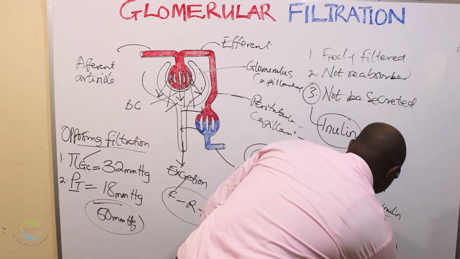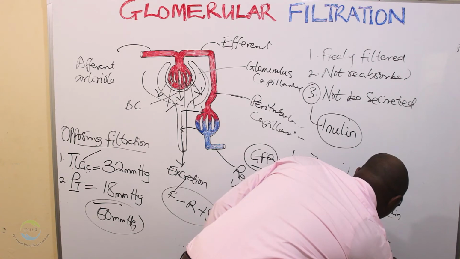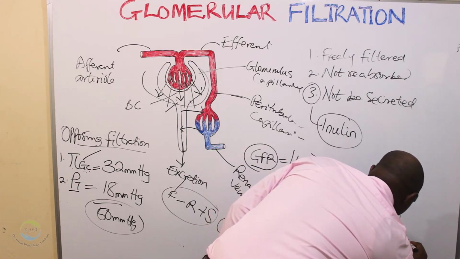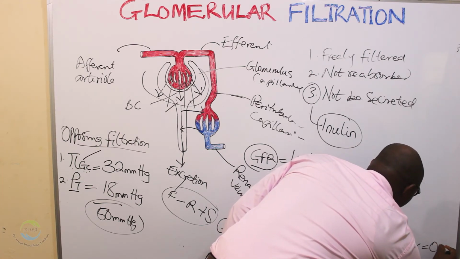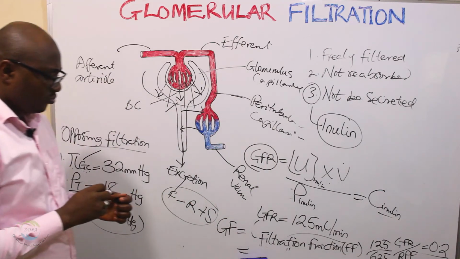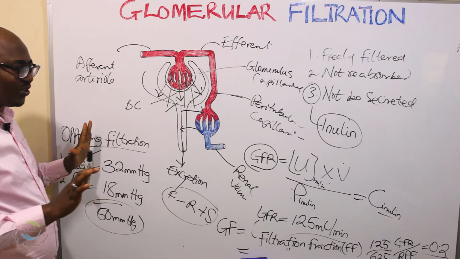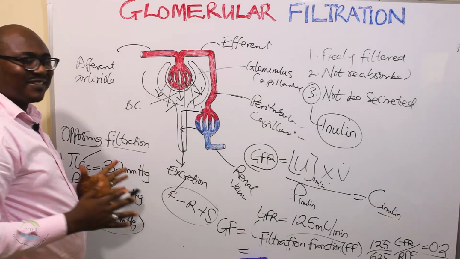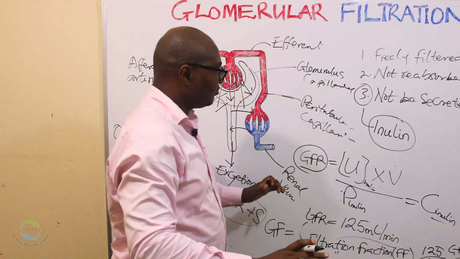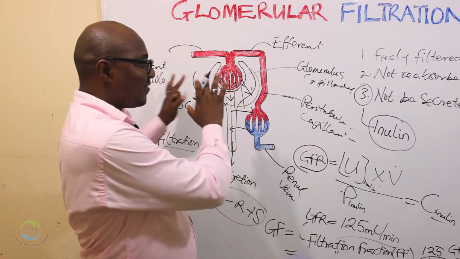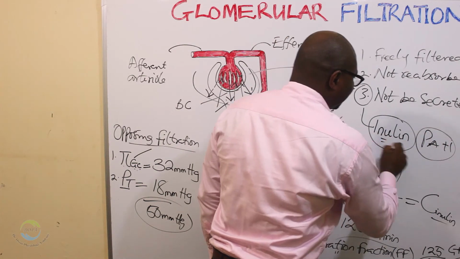It is 125 divided by 625, that's GFR over RPF, which is 0.2. That is what you need to know about how glomerular filtration rate is measured. The same principles apply; the only difference between GFR and renal plasma flow measurement is the substance. The other one used PAH, this one used inulin.